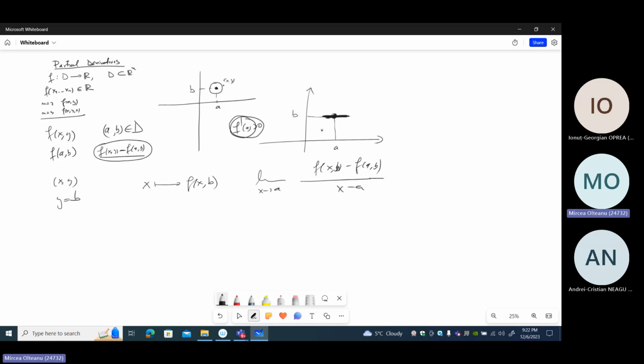That means y constant. Similarly, if the point (x, y) is moving like that around the point (a, b), that means this time x is constant, a, and we consider the function of one single variable y going to f(a, y).